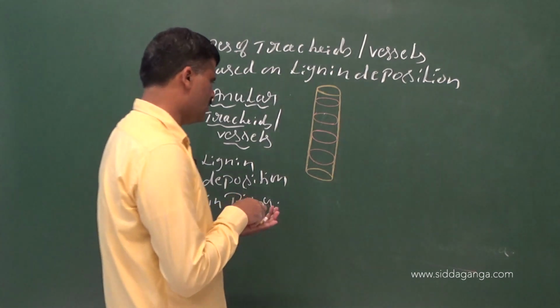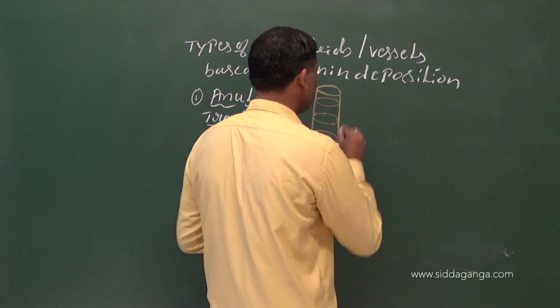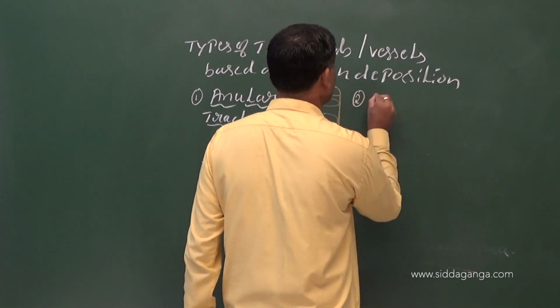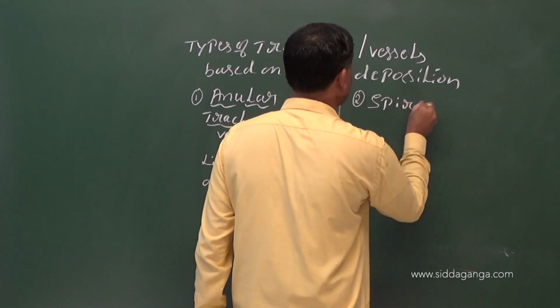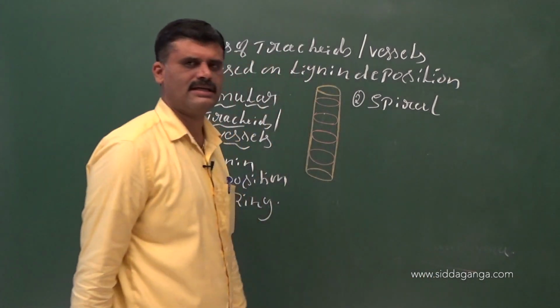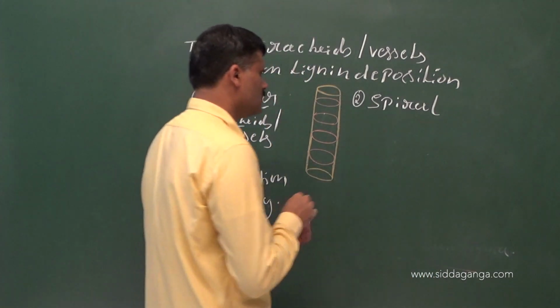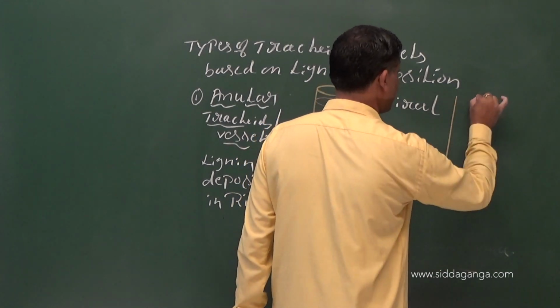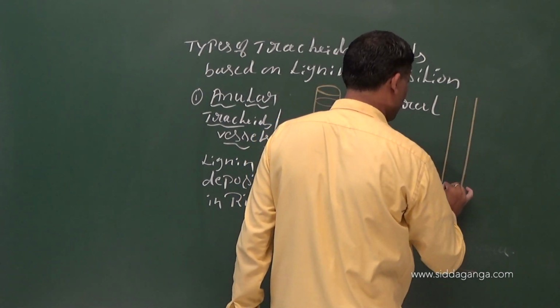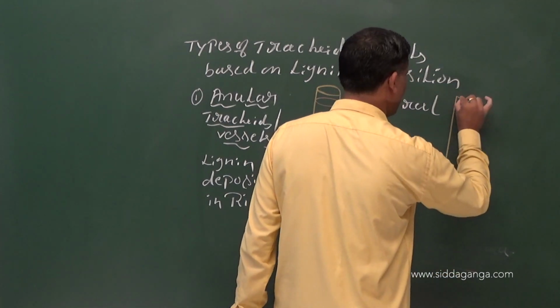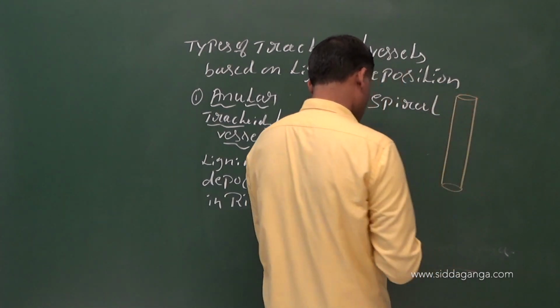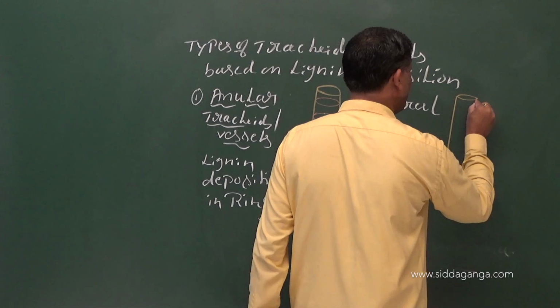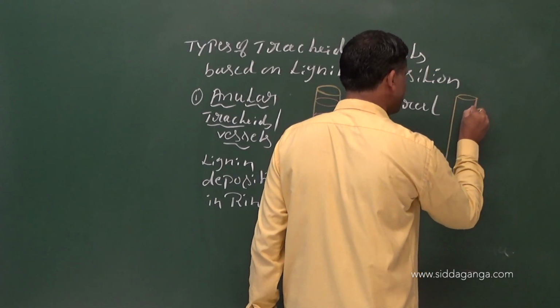Okay. Next type, spiral. Spiral tracheids or vessels. Here the lignin deposition occurs in the form of spring or spiral inside the lumen of xylem vessels.